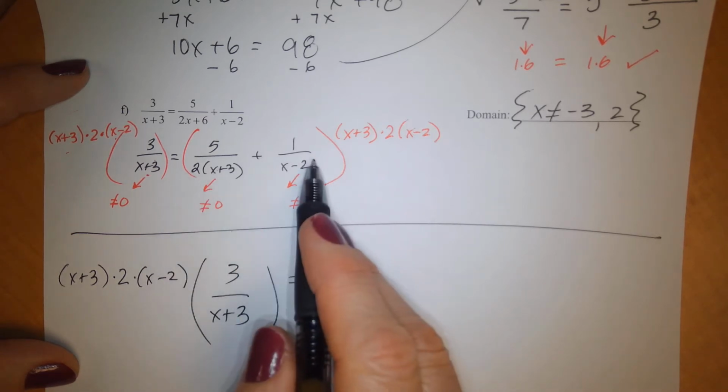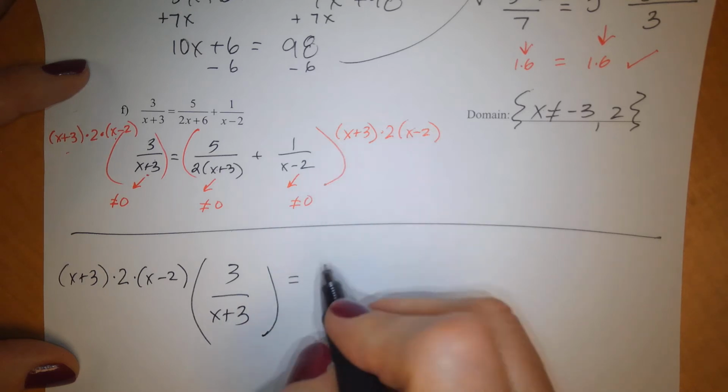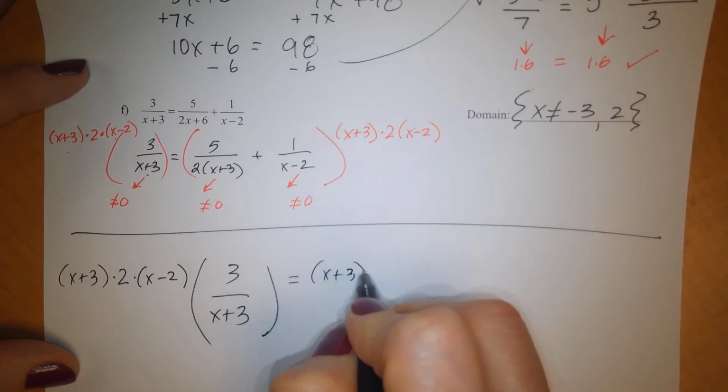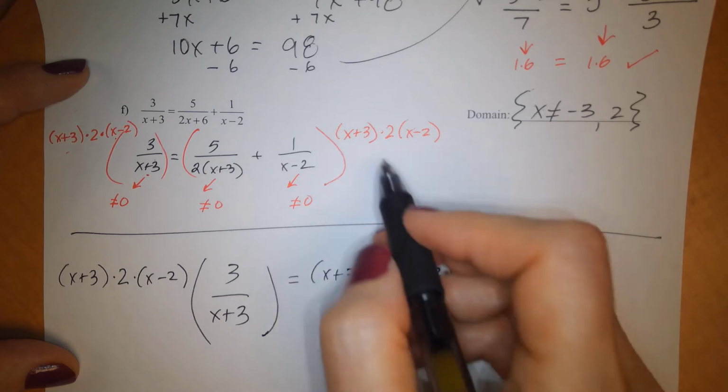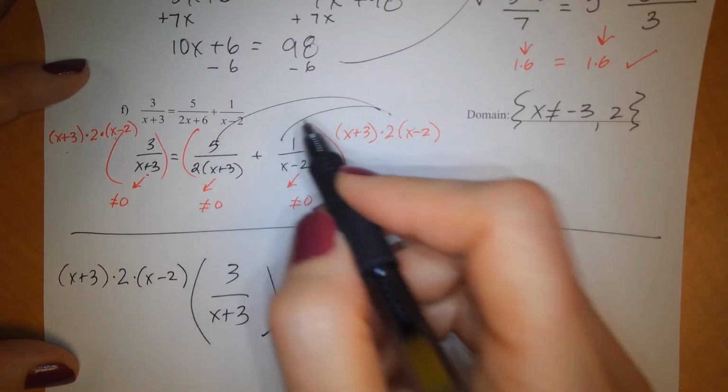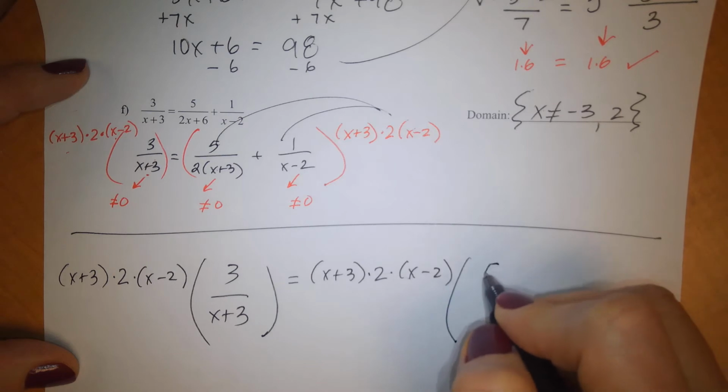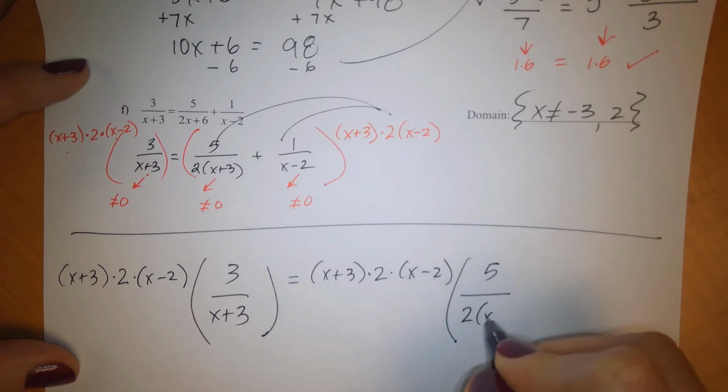On this side, I'll put this one first: (x plus 3) times 2 times (x minus 2). It's going to get distributed to both of these terms, so it's going to be times 5 over 2(x plus 3).